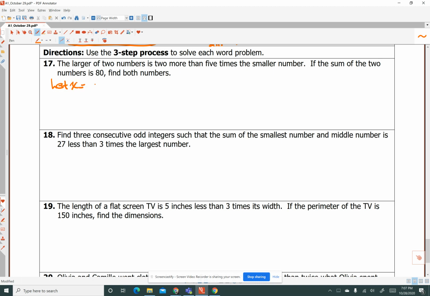We'll let x equal the smaller number. And let's see, 2 more than 5 times the smaller number. So we will let 5x plus 2 equal the larger.